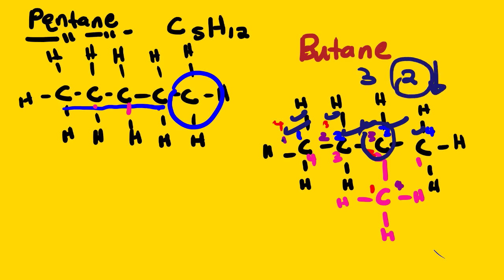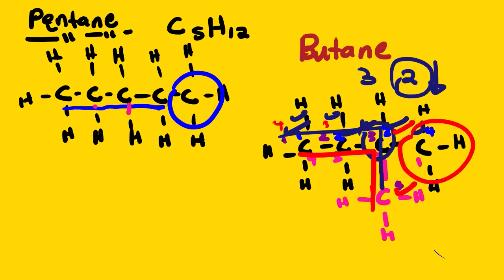So even if we take it this direction, it will not work because we're going to have the methyl group on carbon number 3. But if we take it this direction, you can see this will be 1, this will be 2, and then this will be our group.